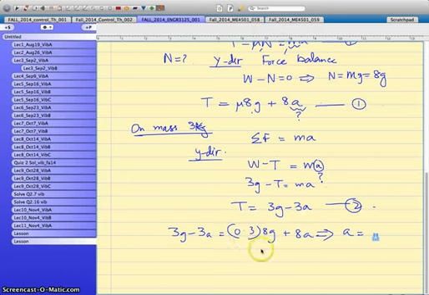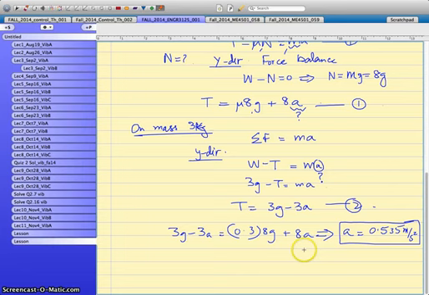Can you do me a favor, find out the value of a and compare your answer in the book? In the book it says the value of a is 0.535 meters per second squared. Do you verify this answer from this equation?